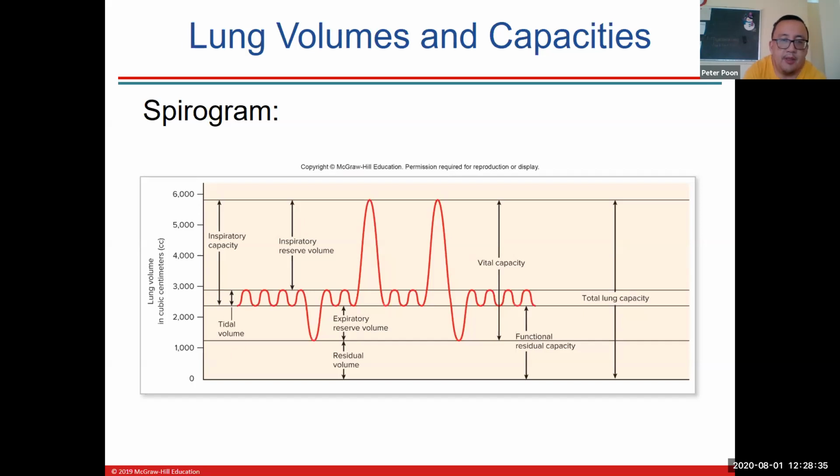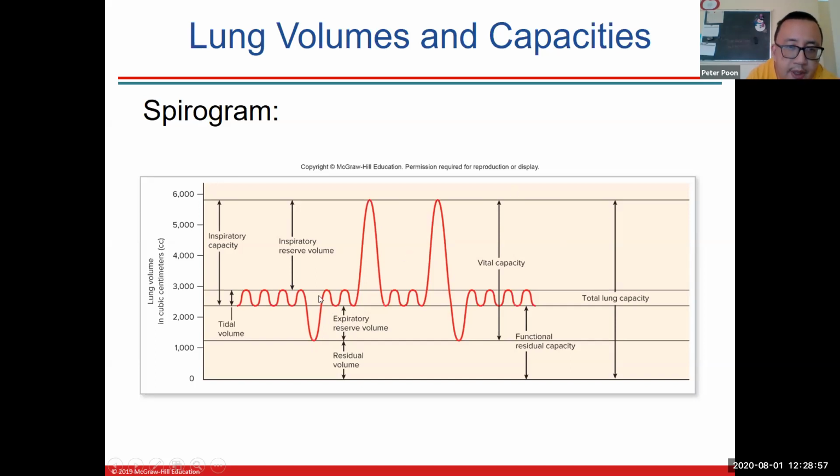Let me try to explain it this way. This up and down thing is your tidal volume. This is the amount of extra air you can breathe in. This is the amount of extra air you can breathe out.